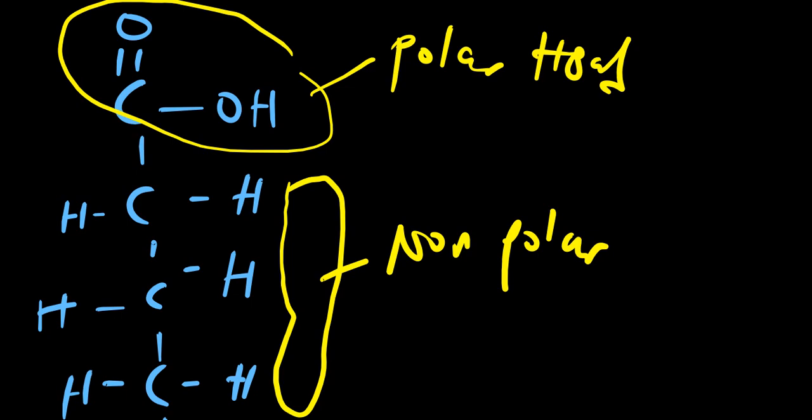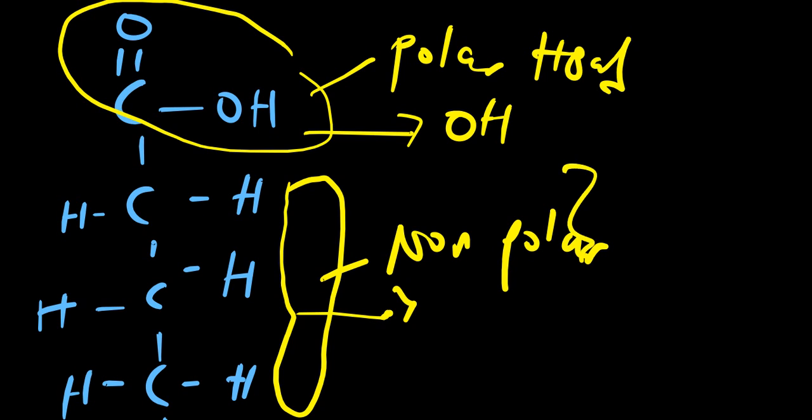You see that this chain, which is nonpolar, has a lot of carbon atoms, so it's very nonpolar. It cannot be dissolved in water. Then on the other part you have the one that has an OH, and because it's able to form hydrogen bonds, it can easily be dissolved in water.